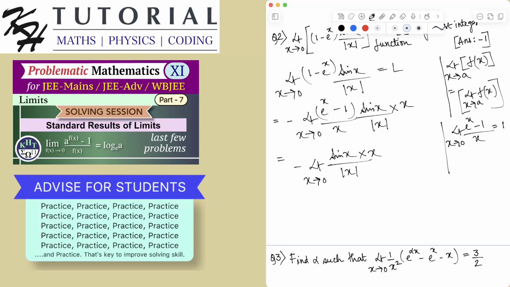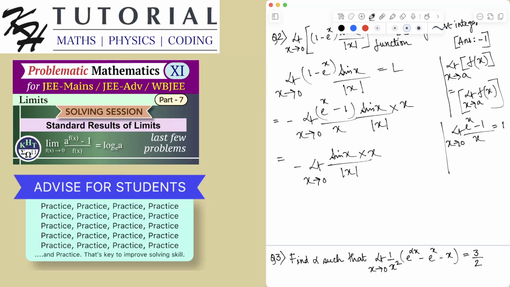So mod of x will be definitely 0 positive, and sin x, let's see.